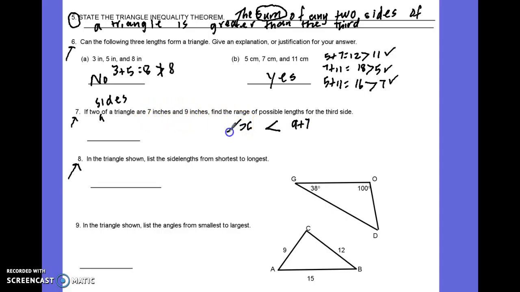And the lower limit, that means greater than, we get by subtracting. So the range of the lengths would be 9 take away 7 is 2, and 9 plus 7 is 16. So it can be anything between 2 and 16.